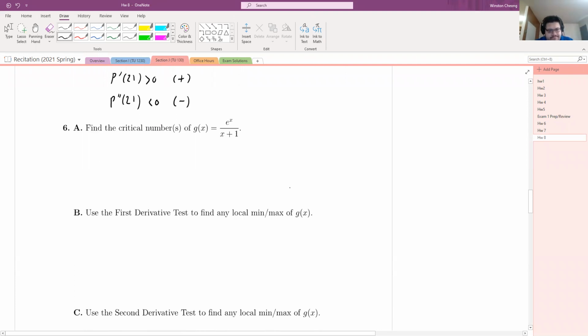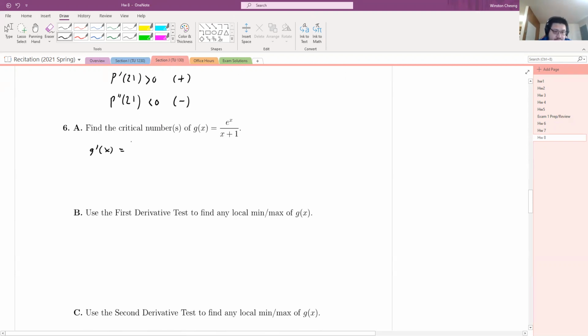Okay. So 6. 6 is kind of terrible because of this fraction. Our function requires us to use the quotient rule. So critical numbers, again: take the derivative, set it equal to 0, and solve.